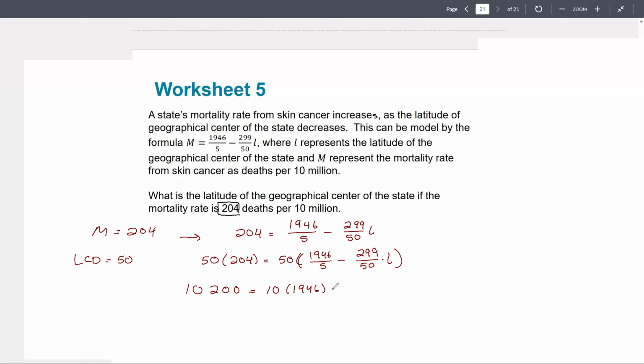And then this 50 gets divided by this 50, leaving us with negative 299 L. So now we have 10,200 is equal to, if we multiply that, 19,460 minus 299 L.